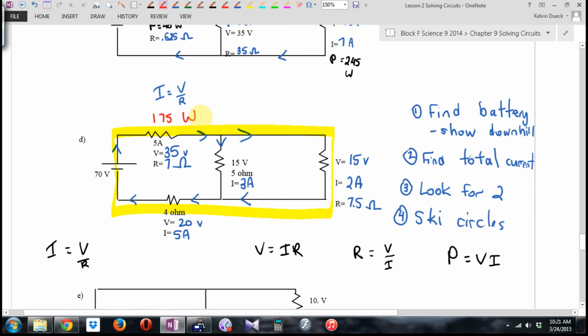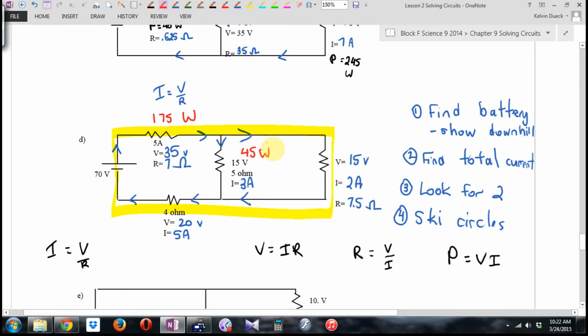How many watts is this middle light bulb here? Right, V times I. You shouldn't be guessing. You got a calculator. That's why I gave it to you. 15 times 5, 75? Oh, 15 times 3. 45?